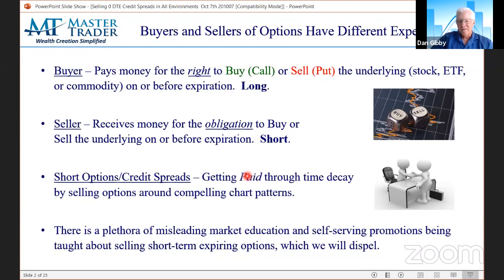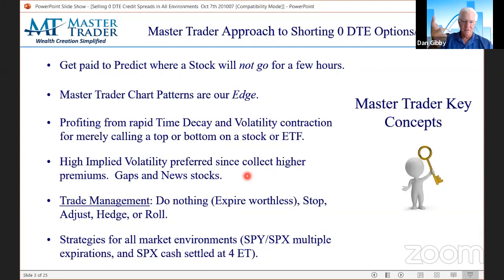There's just BS out there. But we're going to focus on a bunch of them regarding this strategy, because so many people will tell you, run for the hills. That's crazy. They're going to tell you all these misleading things that we're going to dispel for you in the next 52 minutes.